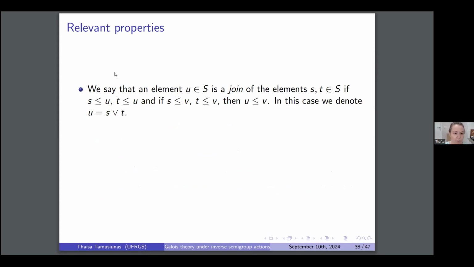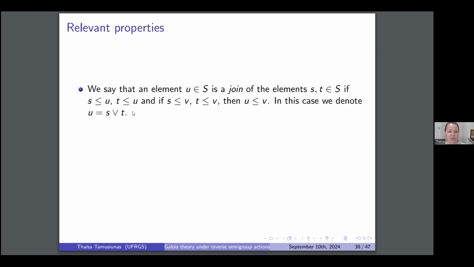Another relevant property is concerning joins. Join is the opposite of meet. We say that u is a join of the elements s and t in the inverse semigroup if s is less or equal than u, t is less or equal than u, and if s is less or equal than v and t is less or equal than v, then u must be less or equal than v.